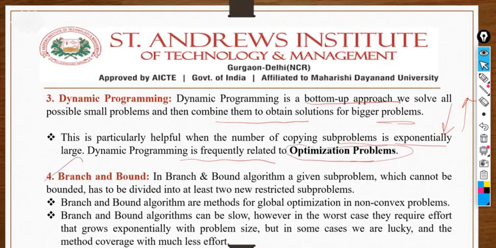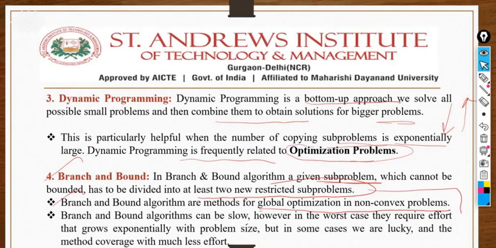So next is the branch and bound technique. In a branch and bound algorithm, a given subproblem which cannot be bounded is divided into at least two new restricted subproblems. Branch and bound algorithms are methods for global optimization in case of non-convex problems.